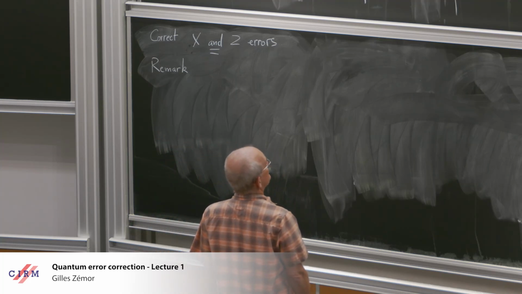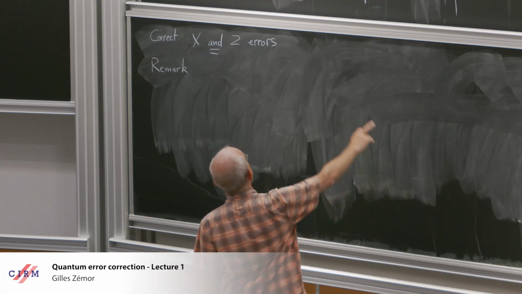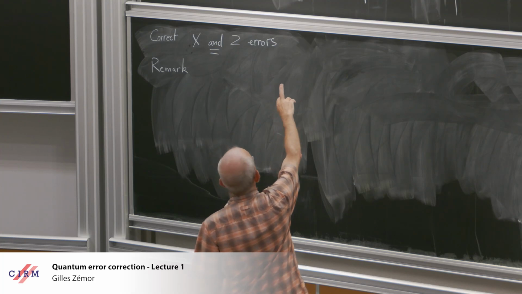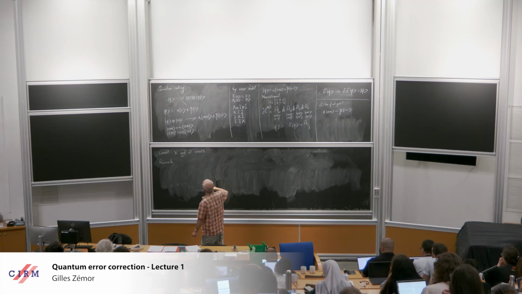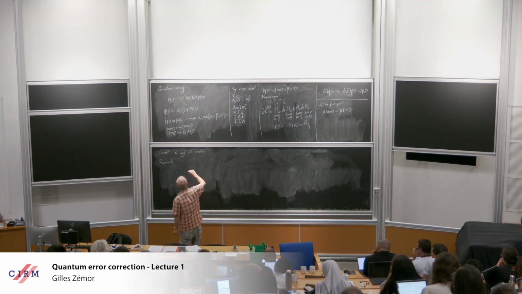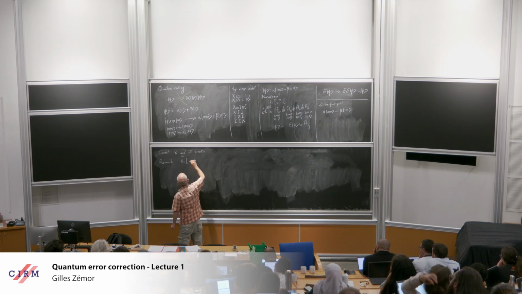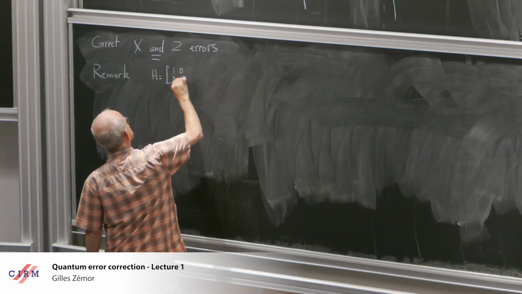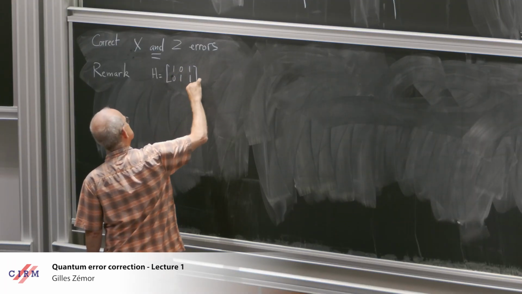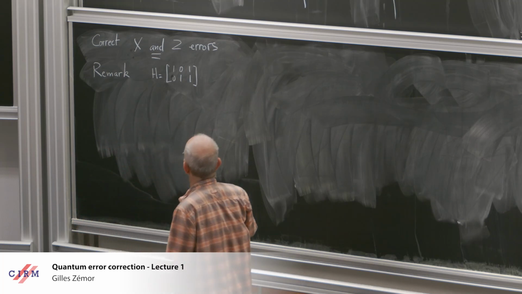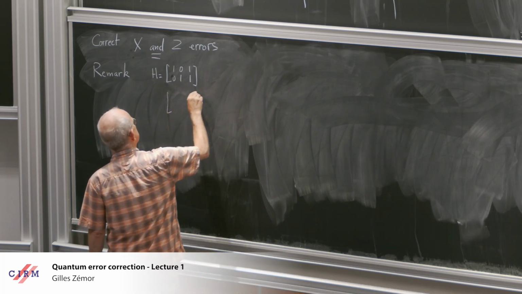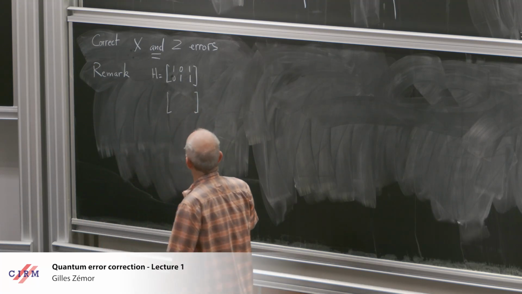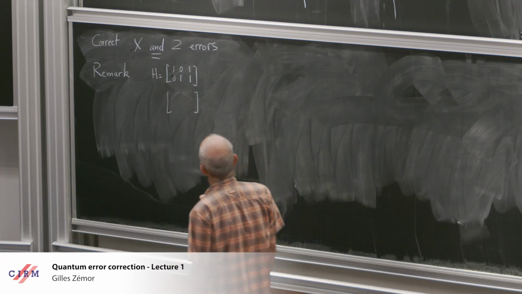Okay, let me start with a small remark with our little toy code here. The remark is, we used this little syndrome matrix from classical coding. Let me transform it into a matrix of Pauli operators.